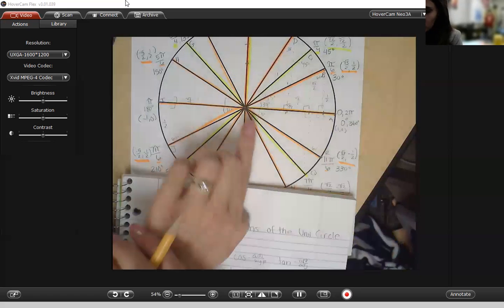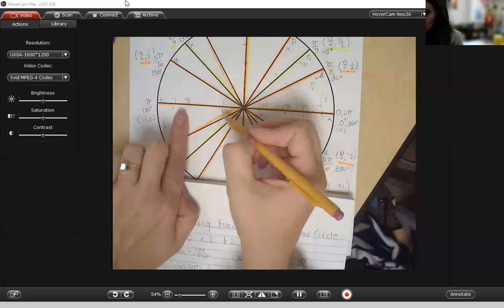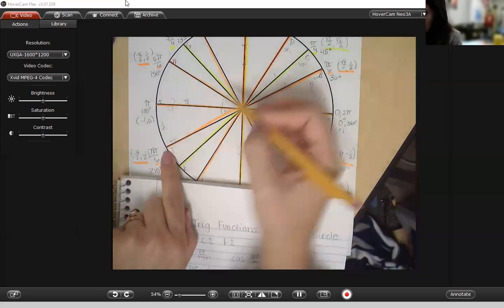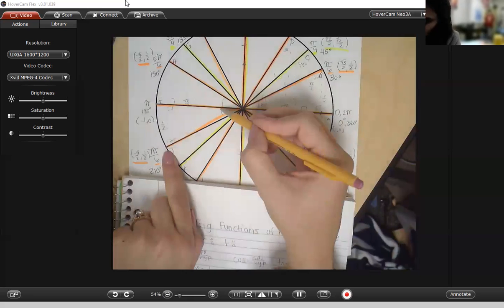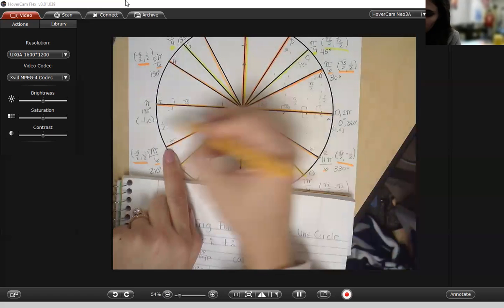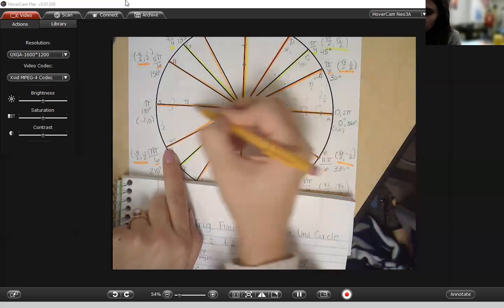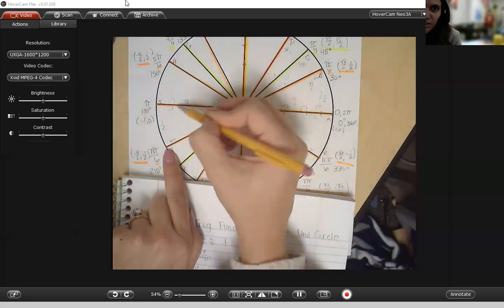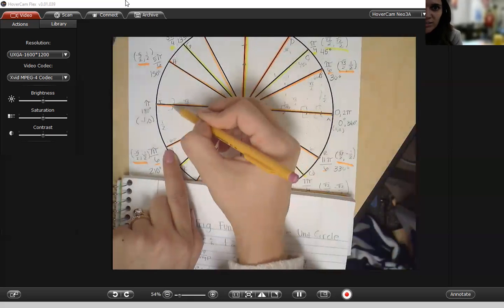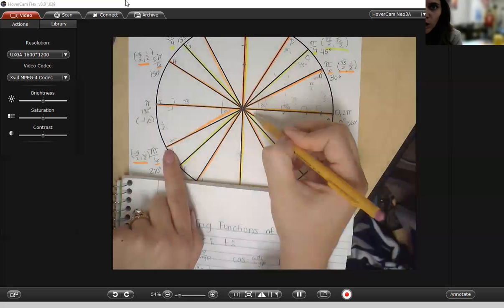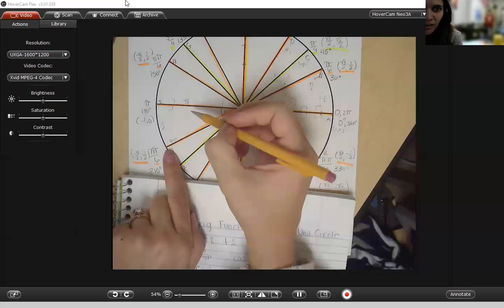Even if I went over here, let's say I was trying to find it at 7 pi over 6. I went right here, so I'm trying to see my opposite side would be here, hypotenuse, and this would be my adjacent side. How far left or right did I go? So the adjacent side in a unit circle will always be equal to the x value.